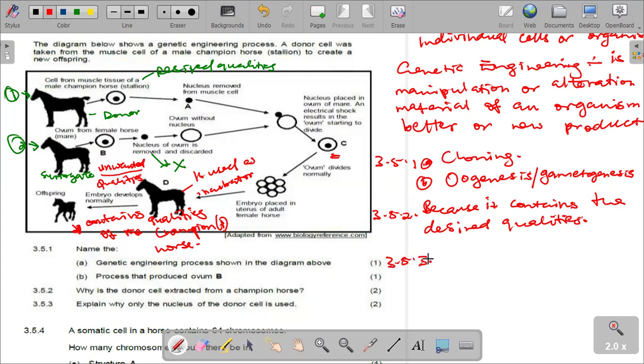3.5.3. Explain why only the nucleus of the donor cell is used. We are again saying that the nucleus is the one that contains the genetic information of the donor cell.